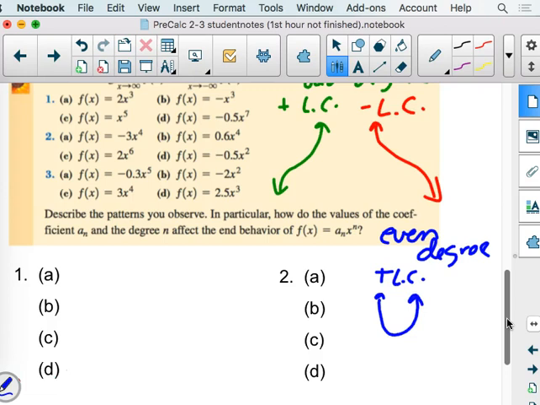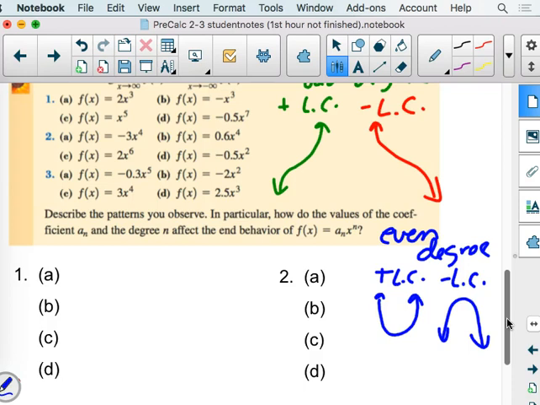Because again, with our parent function, 0, 0 would be down here. So as we go to the left forever, our graph is going up. As we go to the right forever, our graph is going up. And then a negative leading coefficient gives us a downward opening parabola. So that one would be negative infinity and negative infinity.